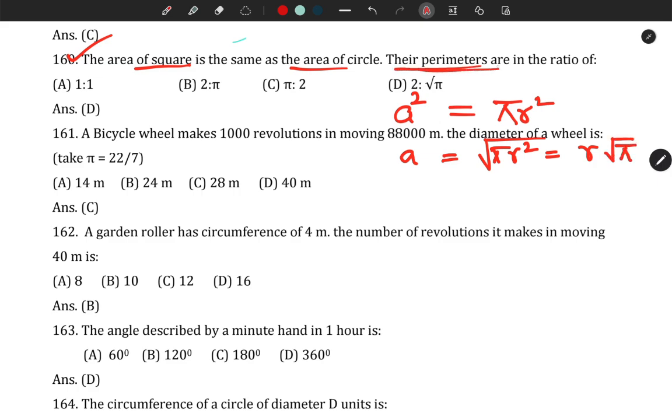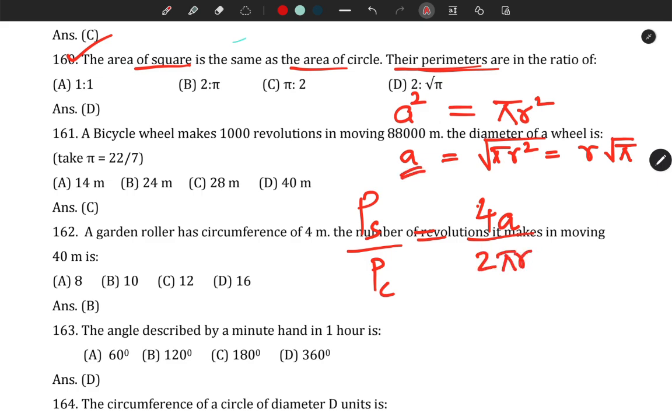Now their perimeters are in the ratio, so we have to find the ratio of the perimeter of the square by the perimeter of the circle. Perimeter of the square means the sum of all sides, that is 4 times a, and perimeter of circle is circumference, which is 2 pi r.